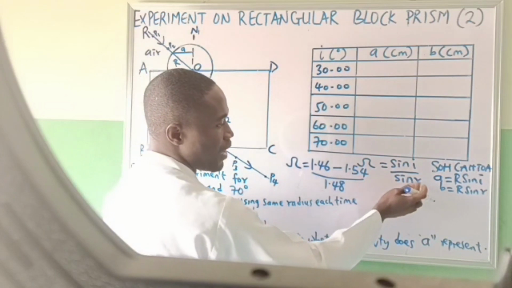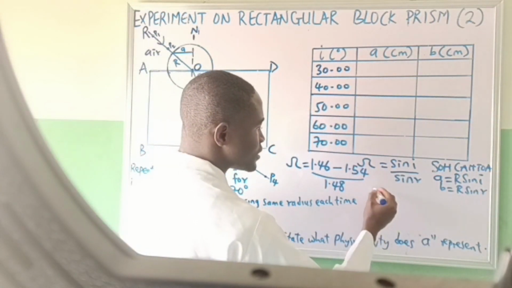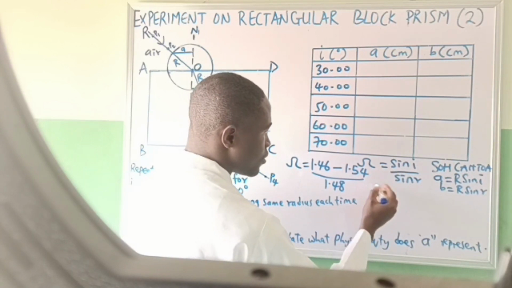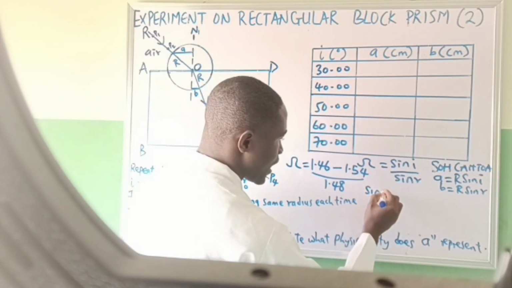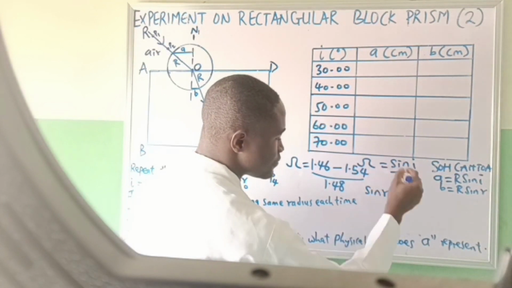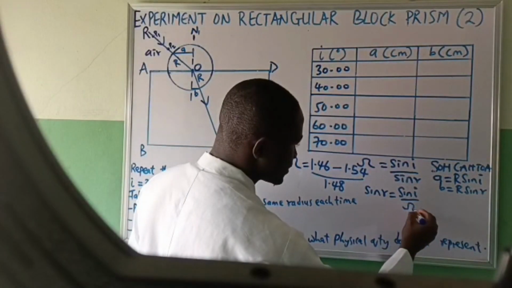We need to know the value of r, so from here, sine r equals sine i over the refractive index.